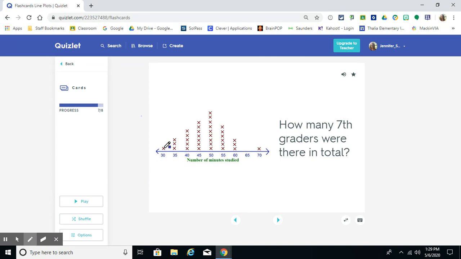We're counting all the X's for this. 1, 2, 3, 4, 5, 6, 7, 8, 9, 10, 11, 12, 13, 14, 15, 16, 17, 18, 19, 20, 21, 22, 23, 24, 25, 26, 27, 28, 29, 30, 31, 32, 33, 34, and 35. 35 is the correct answer.